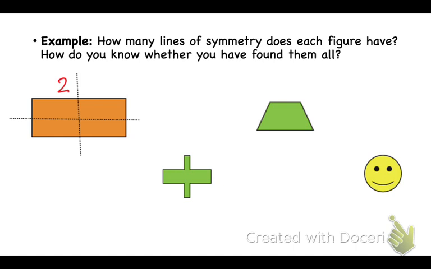Okay. That's just Noah, the plus sign. How many do we got? Where are they? Horizontal, vertical, diagonal from vertices.